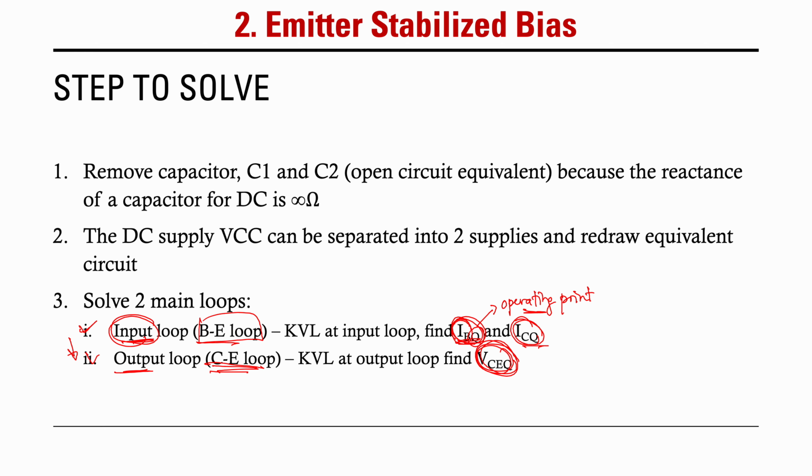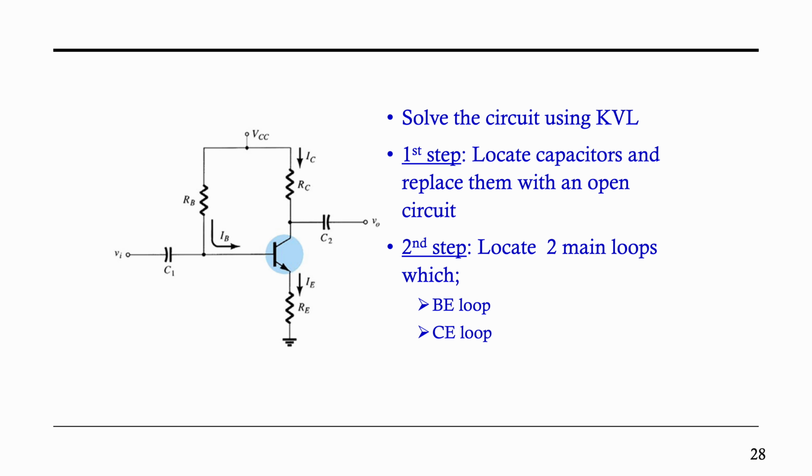Now let's go in detail on how to make these two loops. First step, locate all the capacitors and replace them with an open circuit. Next we need to locate the two main loops.